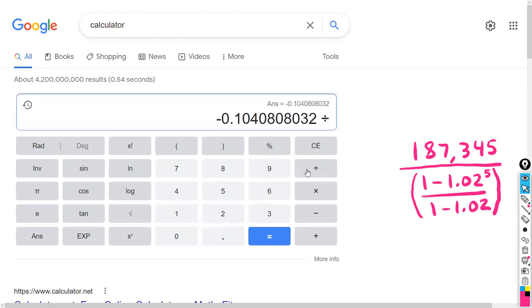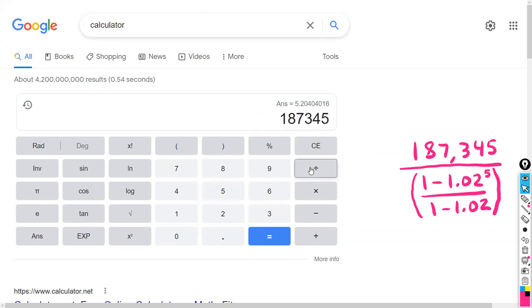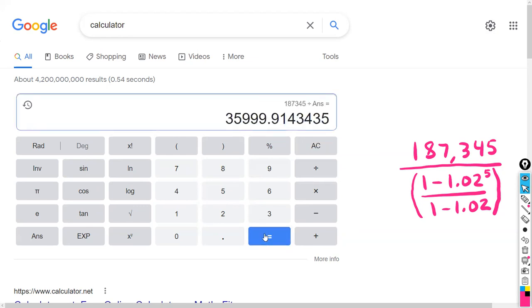Take that answer, divided by parentheses 1 minus 1.02, close parentheses, hit equals, and then take that. It'll save that answer. Now I'm going to do the numerator: 187,345 divided by ANS, the last answer I got. Hit equals, and there's our answer.